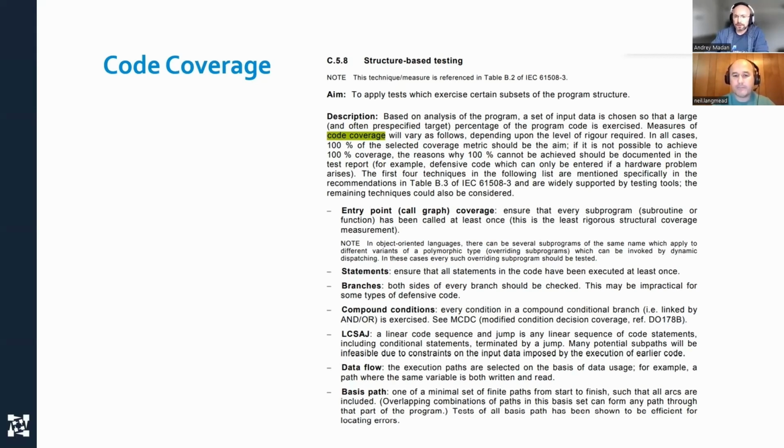One of the things about code coverage, I think on this slide, is that a technique to get the code coverage could be merging coverage across multiple testing paradigms, such as integration testing, system level testing, and unit testing.